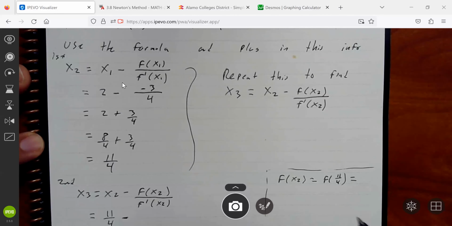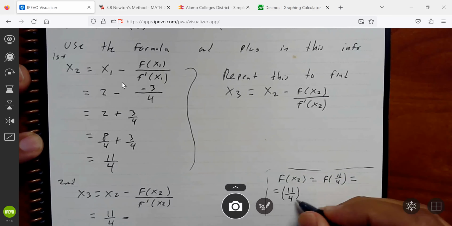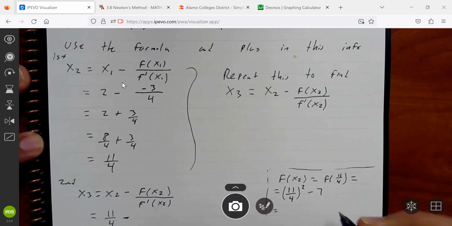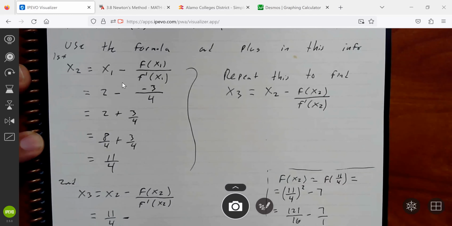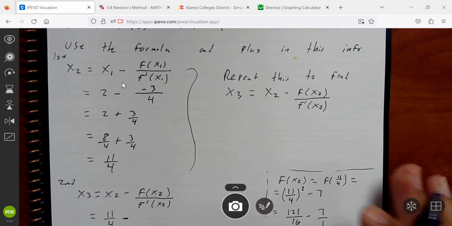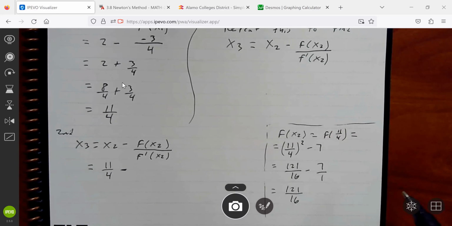That'll be 11/4 squared minus 7. These numbers, as you can see, in the second iteration usually get pretty messy. It's not hard, it's just, again, more for programming than anything else.